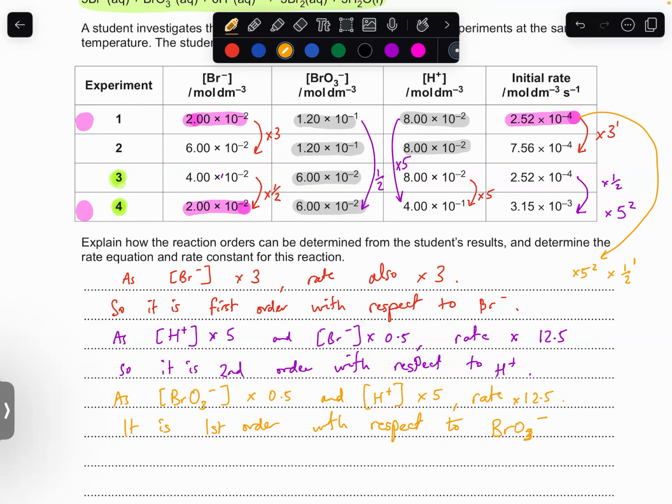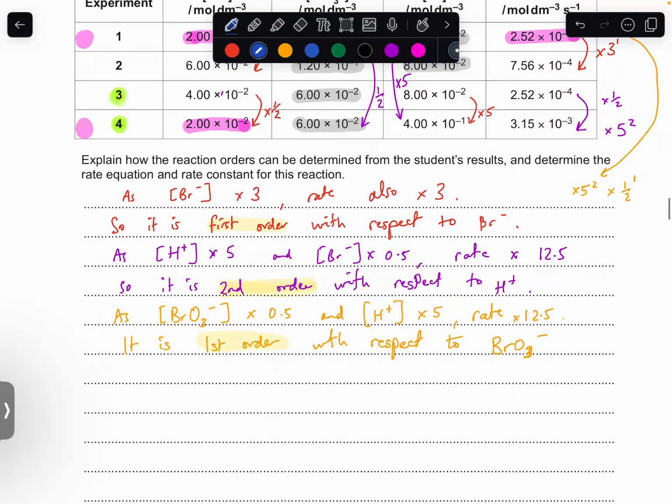Let's see the mark scheme. First order with respect to Br minus, yep, that's correct. Second order, H plus, that's correct. And first order to BrO3 minus, good. So from here, it wants us to determine the rate equation.